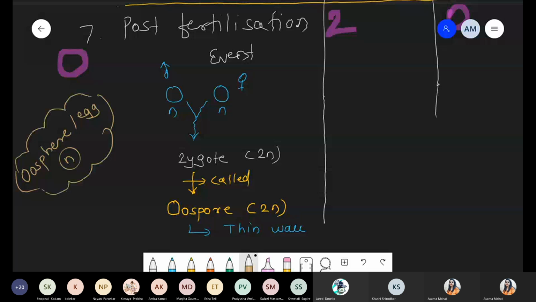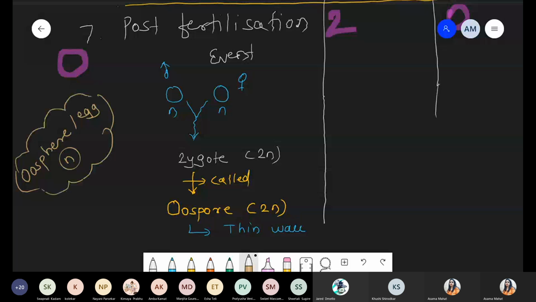Now, in this condition, we are talking about the same scenario. Under the Zygomycetes, male and female gametes fuse with each other, that is fertilization, and after the fertilization, there is formation of the zygote, which is diploid in nature. But this zygote has a unique name. That zygote is called the zygospore.